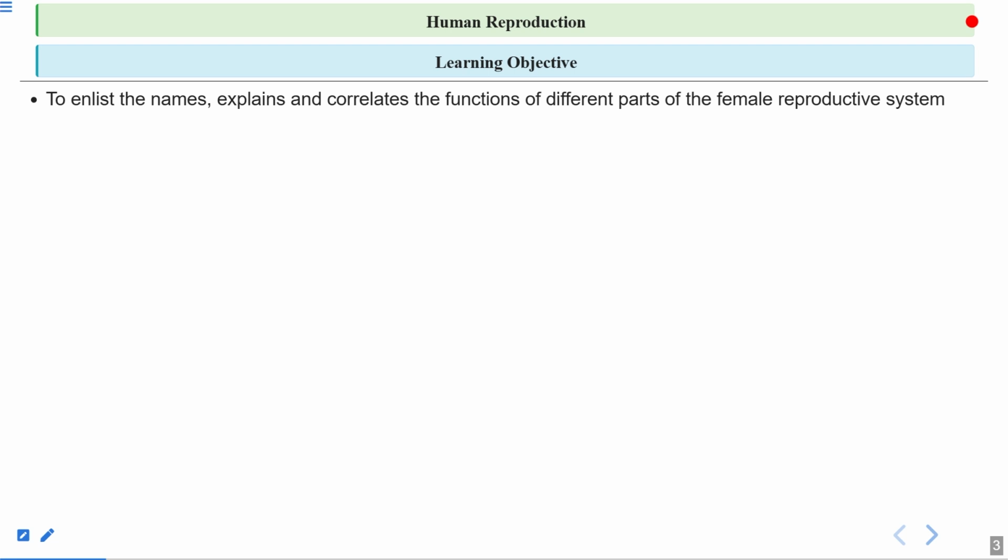So, what are the objectives of today's lecture? What will we understand in this lecture today? We'll talk about the female reproductive system, its various parts, and the functions of the various parts which comprise it. We'll list the names, and I'll explain the function of the different parts.